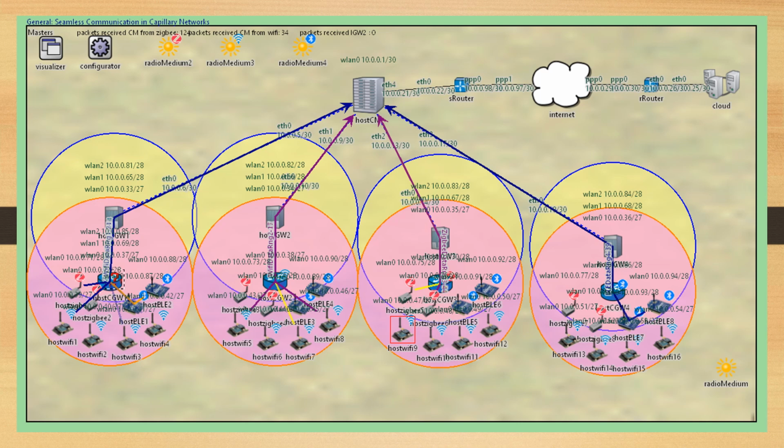It can deal with Wi-Fi technology, with Bluetooth, with Zigbee technology. And then we have the second capillary gateway with the Wi-Fi technology only, and then the Zigbee only, and finally the Bluetooth. In this topology, we have the sensor nodes with different types in each range.